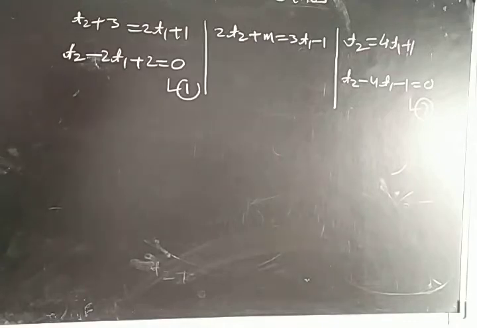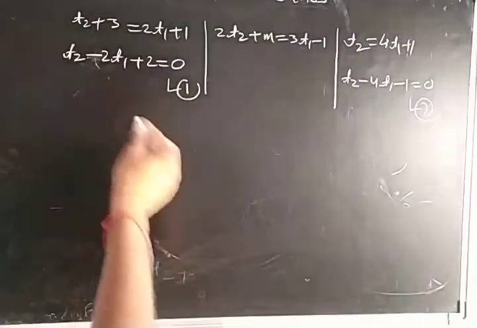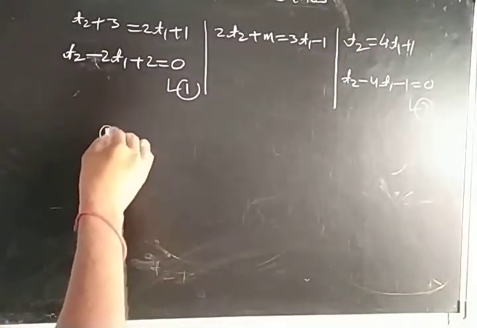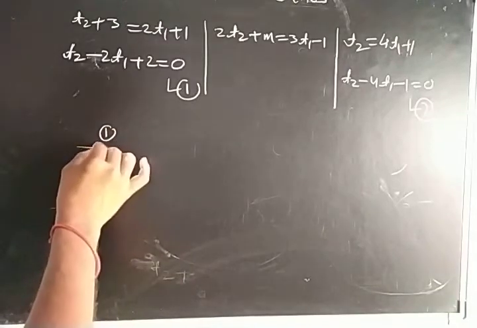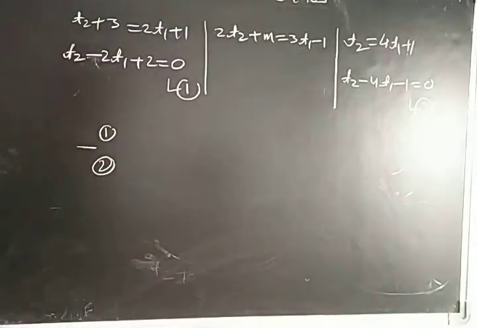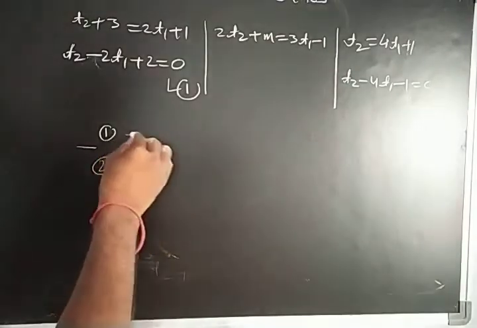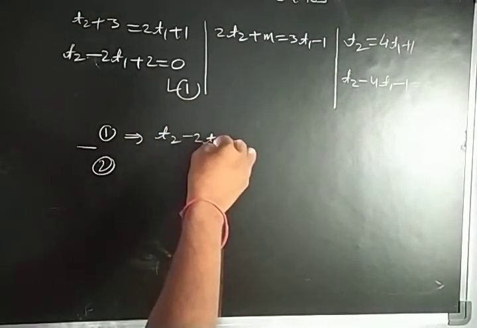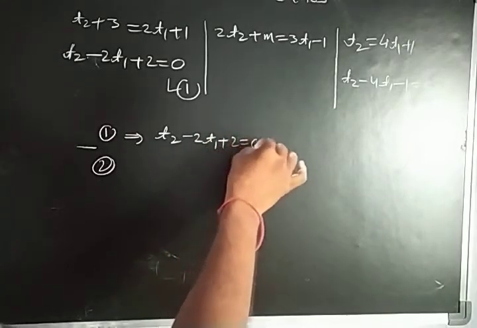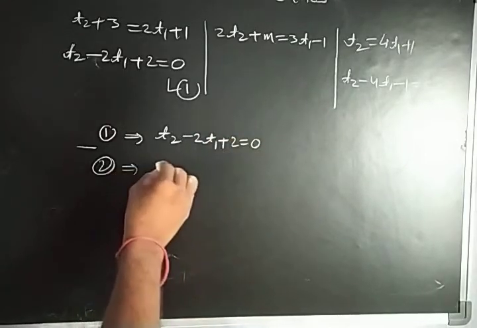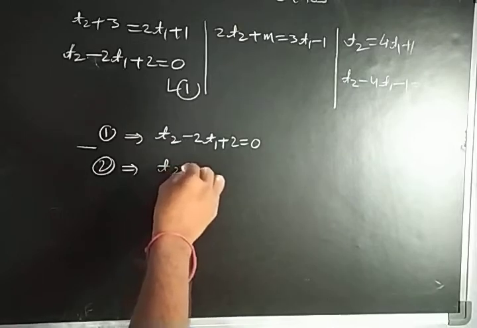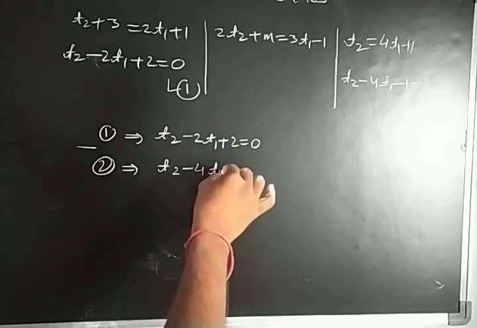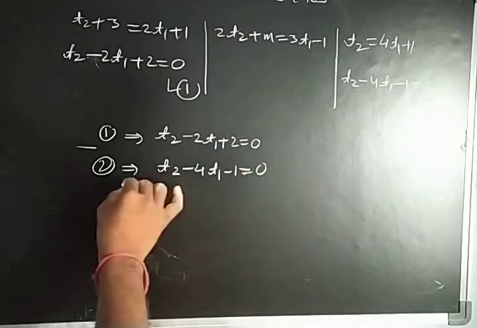Now see how I am going to solve this. Here t2 is common, so from equation 1 I am subtracting equation 2. Equation 1 is t2 minus 2t1 plus 2 is equal to 0. Second equation, t2 minus 4t1 minus 1 is equal to 0.